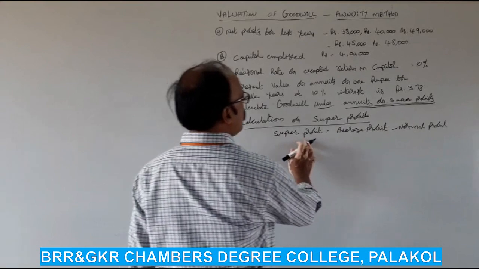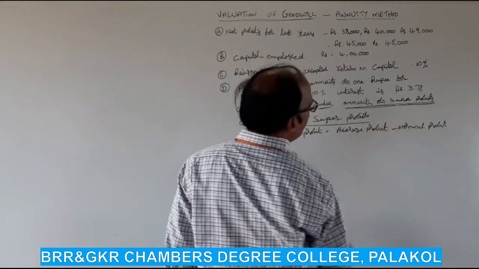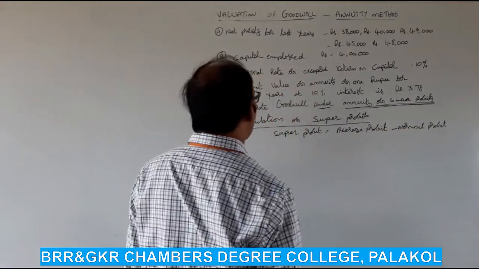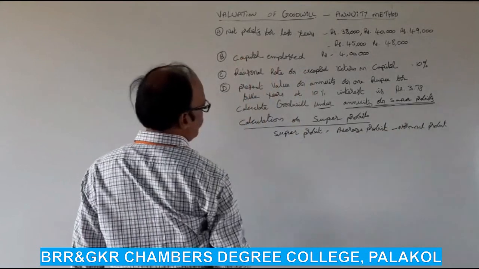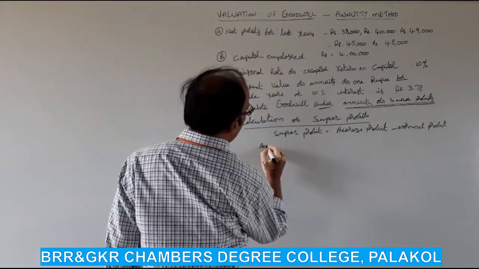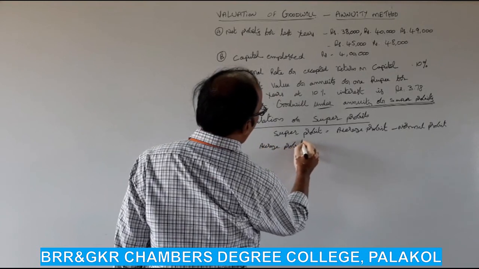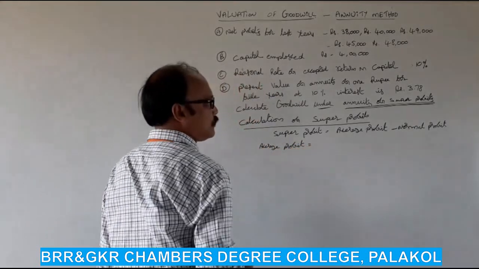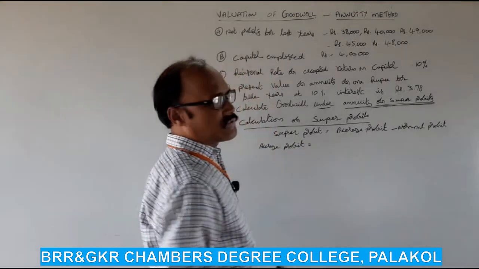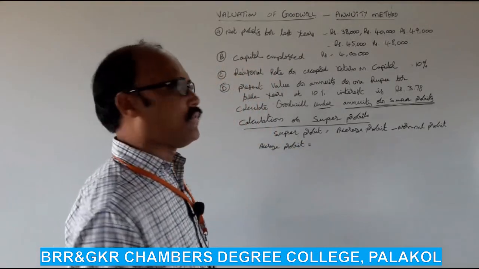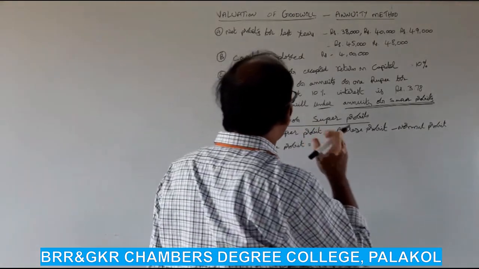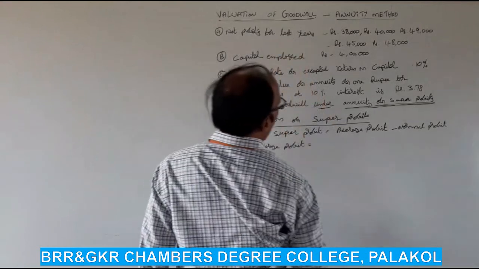How do we calculate average profits? Average profit is equal to total profits for 5 years by number of years.